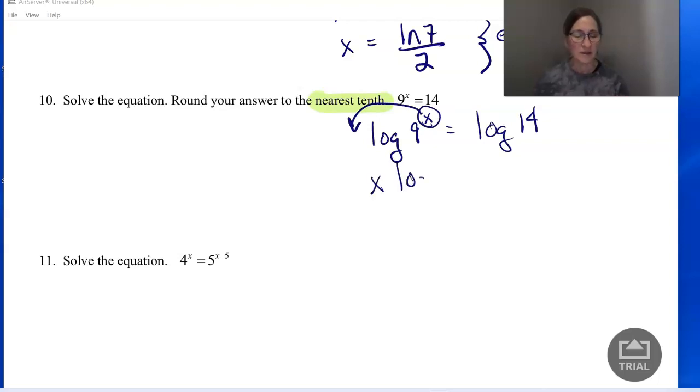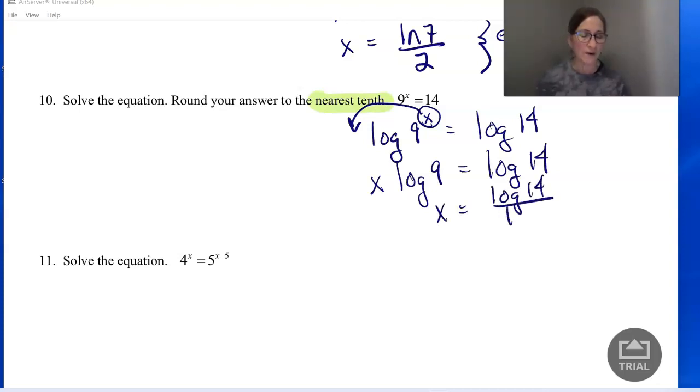So x log 9 equals log 14. Divide both sides by log 9. So x is equal to log 14 over log 9. And that is approximately, let me look at my notes. When I round, you get approximately 1.2.